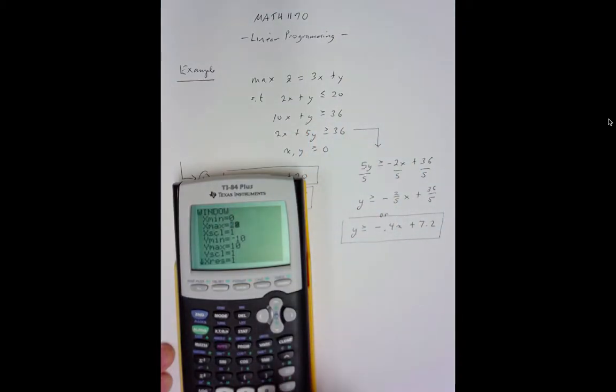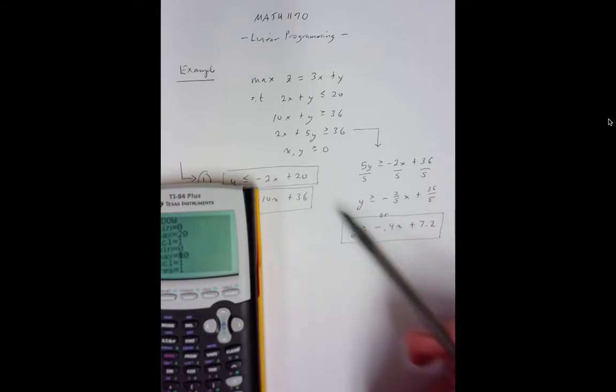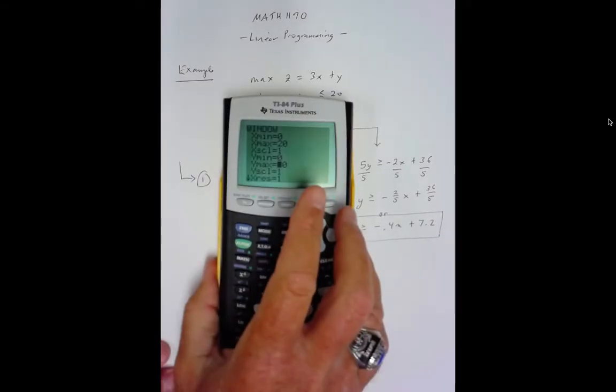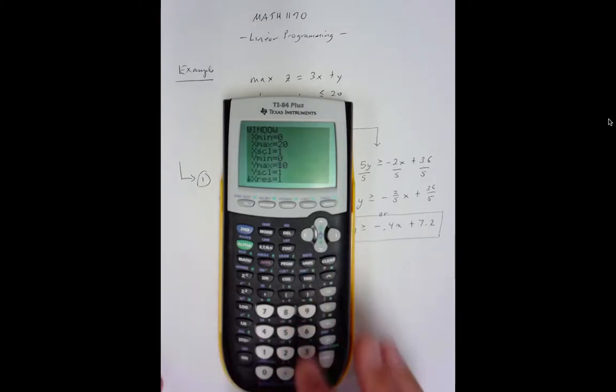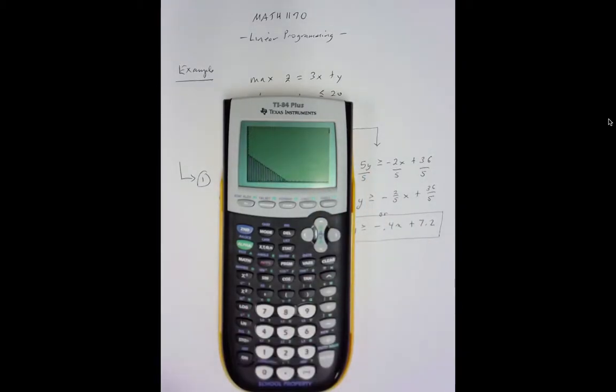So I'm going to make it a little bit bigger than the biggest. So this goes from 0. Then I'm going to go to my y-intercept form because I can see that my y-intercepts are 20, 36, and 7.2. So I want to be bigger than the biggest, so I'm going to set this at about 40. All right, so let's graph, go for it. And let's see what we get.